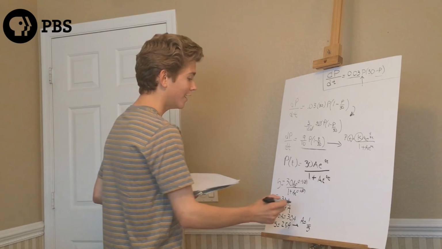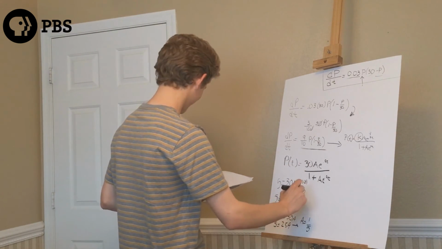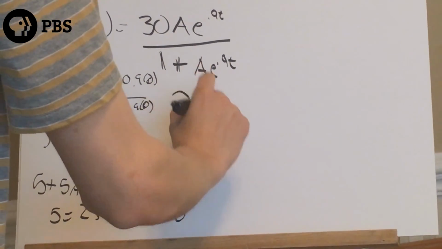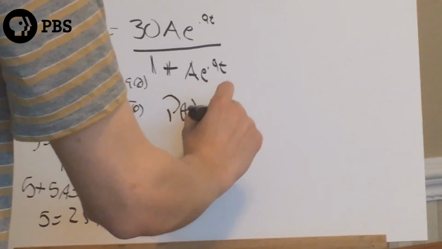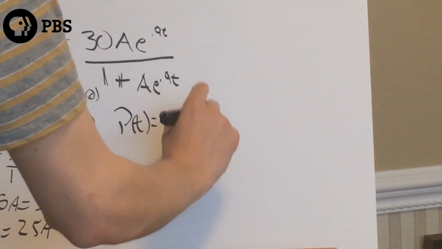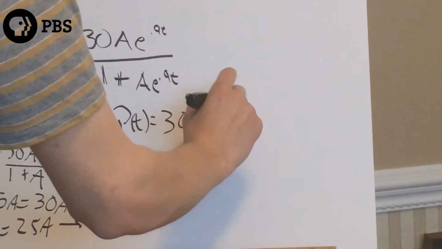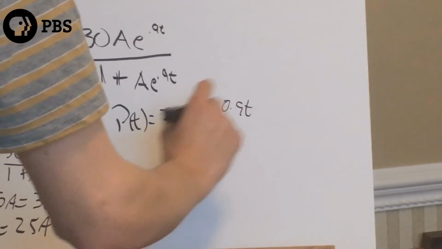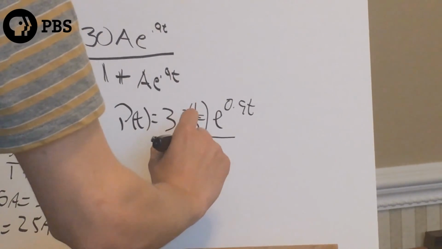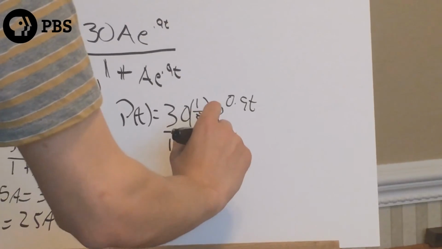Now, let's just plug this into our original equation here. We get P of t equals 30 times 1/5 e to the 0.9t over 1 plus 1/5 e to the 0.9t.